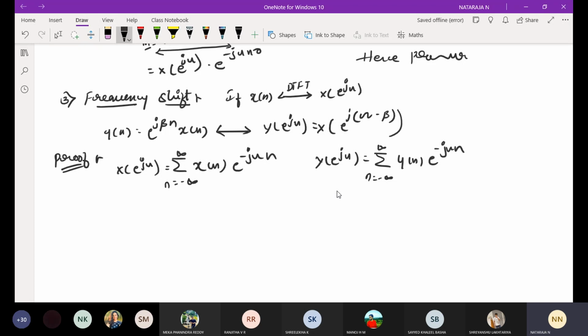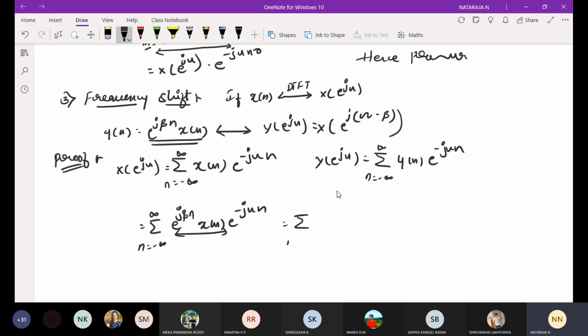Just I'm going to substitute the value of y of n in the above equation. What is your y of n? y of n will be e power j beta n into x of n, so y of n is replaced by e power j beta n x of n.